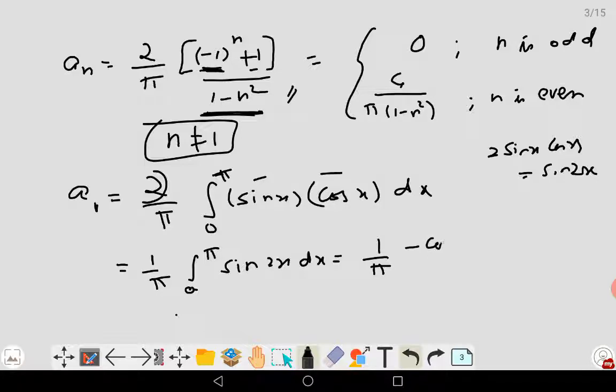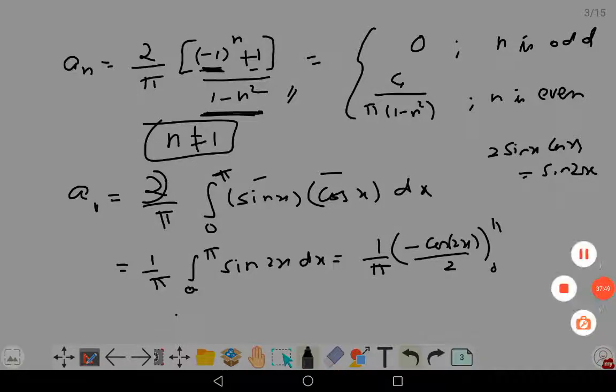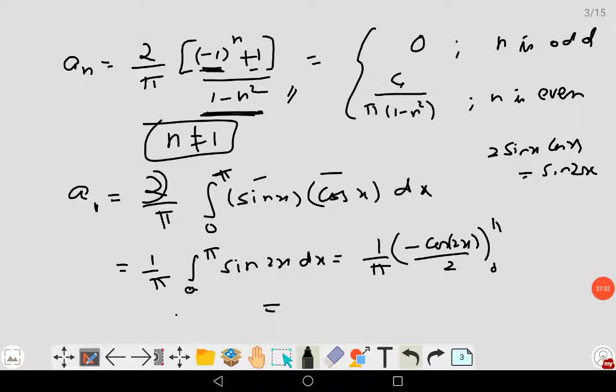Integration of sine will be minus cosine 2x over 2 from 0 to pi. 1 over pi, upper limit cosine 2 pi will be 1 minus cosine 0 will be 1, divided by 2, so 0. So a1 is 0, and we know that this is even function, therefore bn is also 0.